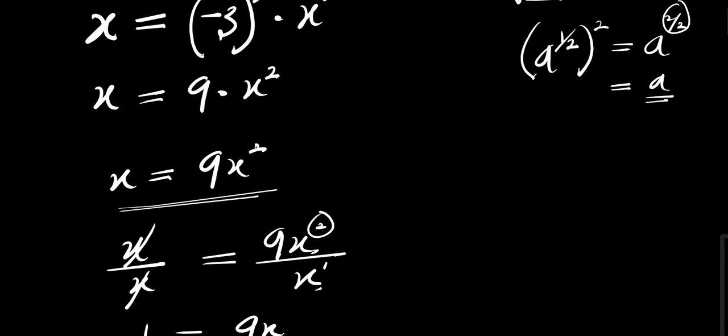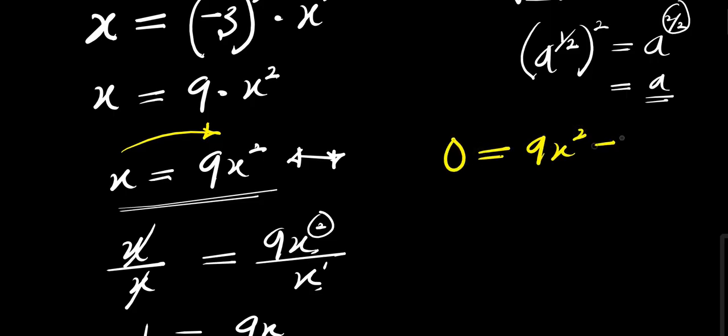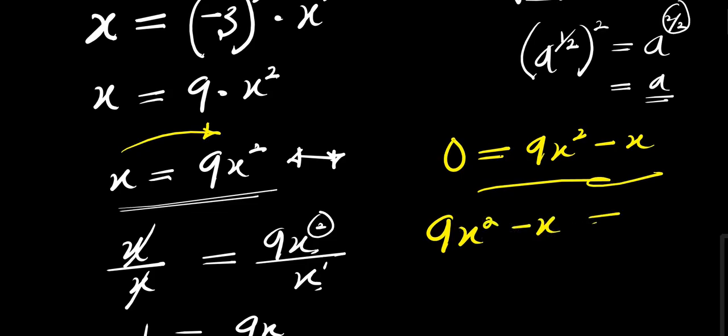Now at this particular point again, I can simply move x over here. This will give me 0 equals 9x squared minus x. If I rearrange this, I have 9x squared minus x equals 0.